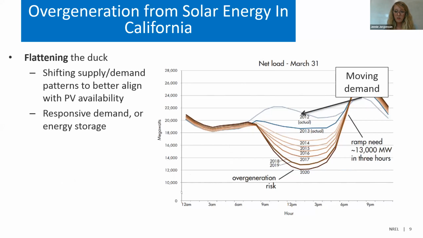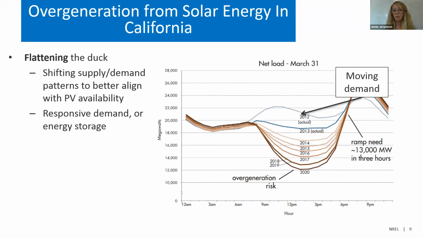Another solution to the duck shape of the net load curve is to flatten the duck. And if that's hard to imagine, you look at the head of the duck and imagine giving the duck a haircut, which would involve moving demand from the peak of the day to the middle of the day. So shifting supply and demand patterns to better align with when you have energy available.